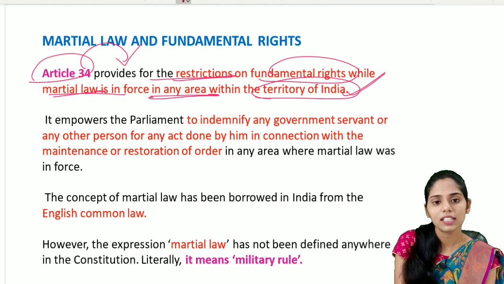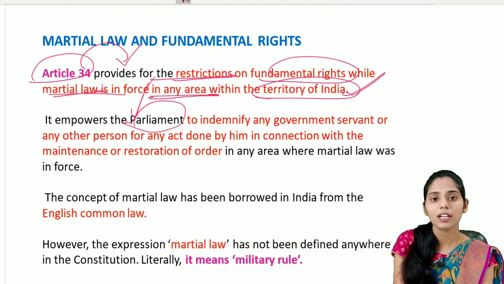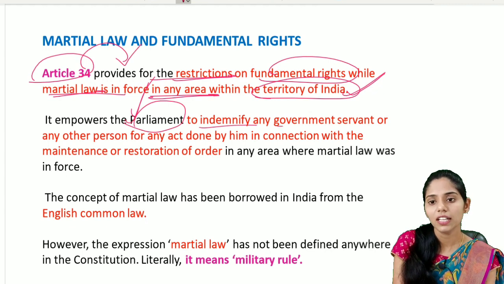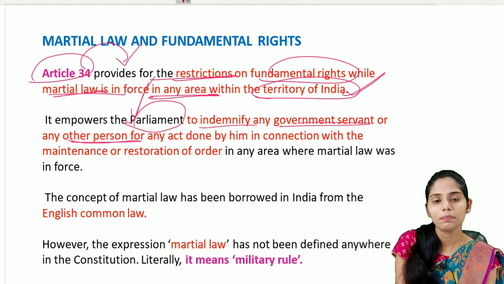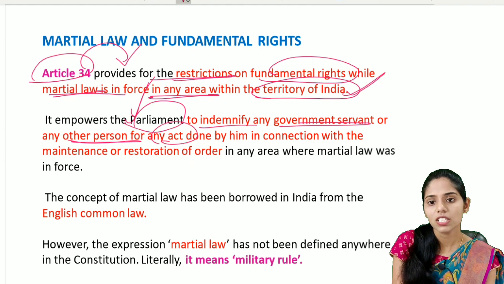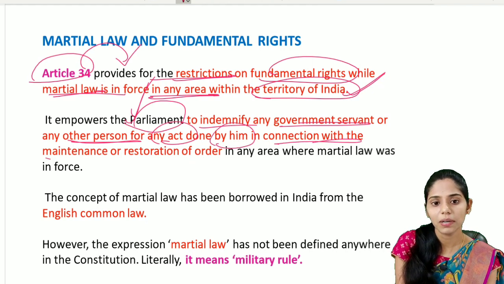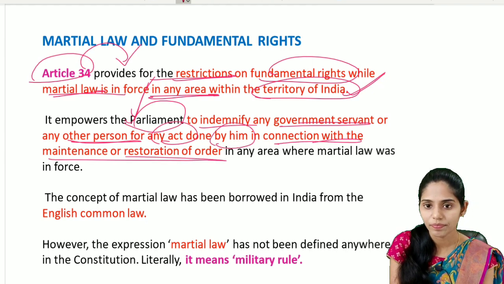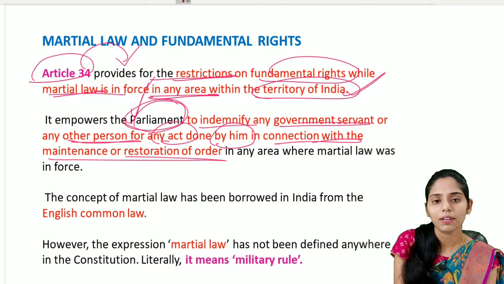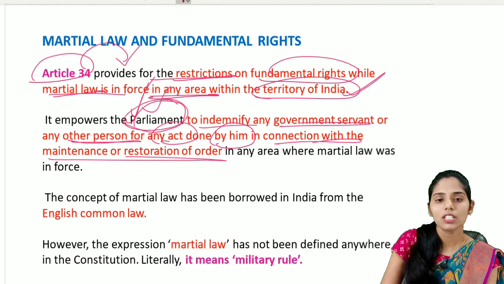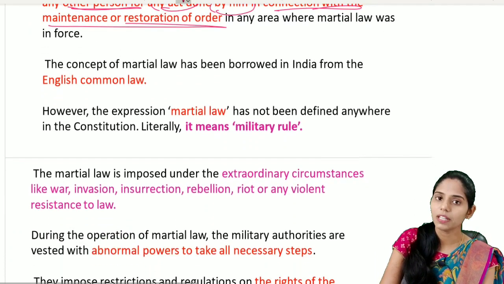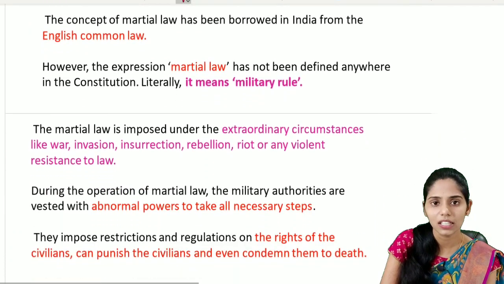Article 34 also empowers the Parliament to indemnify any government servant or any other person for any act done by him in connection with the maintenance or restoration of order. Again, it is giving the power to the Parliament. This concept of martial law has been borrowed in India from English common law.